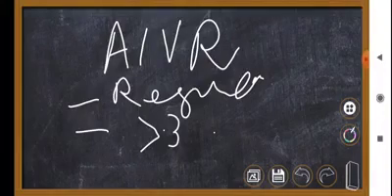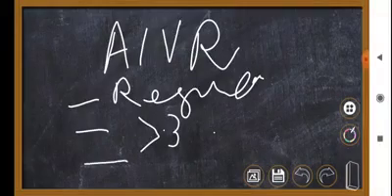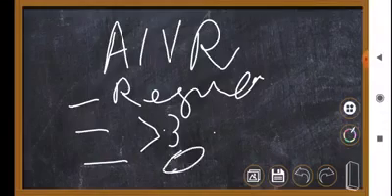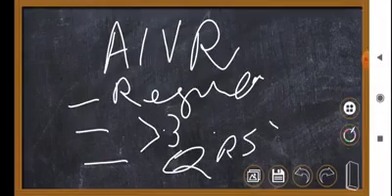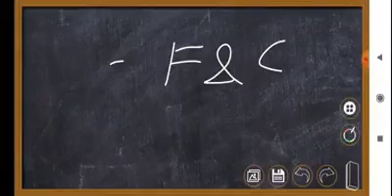There must be more than 3 consecutive beats with ventricular nature. They must be visible. And the next point is the QRS complex must be more than 120 milliseconds. And the fourth one is the presence of fusion and capture beats.